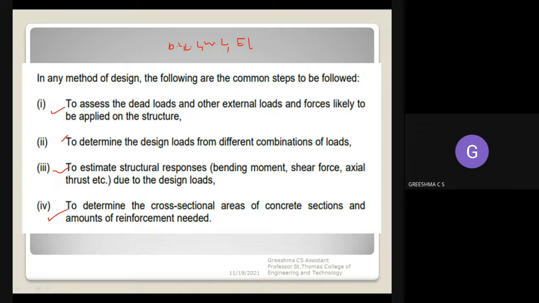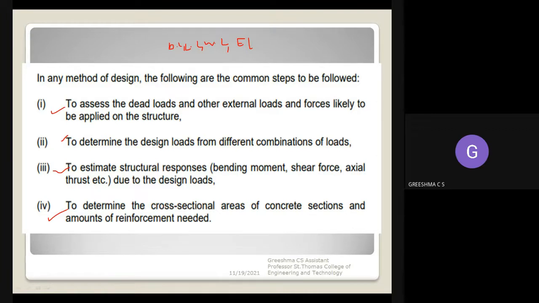And lastly, the fourth one, you have to determine the cross-sectional area of the concrete and amount of steel bar that is required. Depending upon the bending moment, shear force, and axial thrust, you have to find out the width, depth, and breadth of the concrete sections. Whether it is a beam, you have to find out the dimensions of the beam.